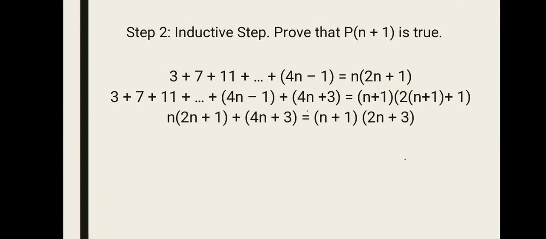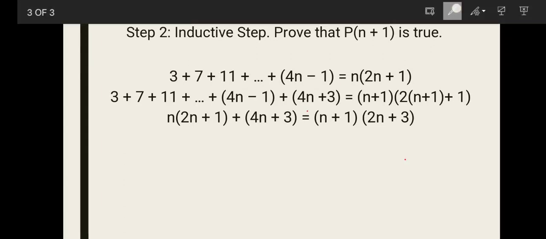So for the next step, we already assumed that P of n is equal to n, the quantity of 2n plus 1. So we can replace this equation here with this value and then add the next term.